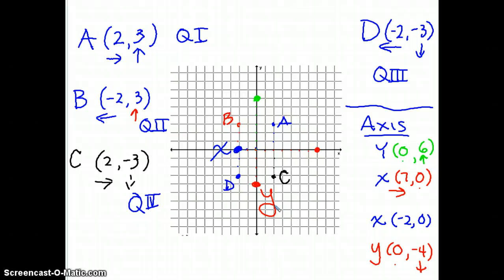So if you note, whenever they end up on the y-axis, the first or the x-coordinate is always 0. Whereas when they end up on the x-axis, the y-coordinate is always 0. So something for you to help recognize what quadrants or what axis they could end up on.